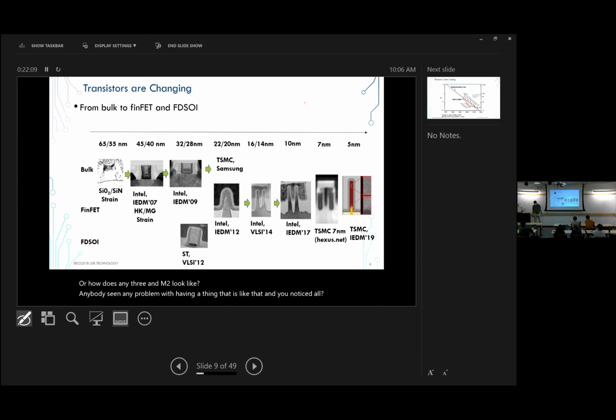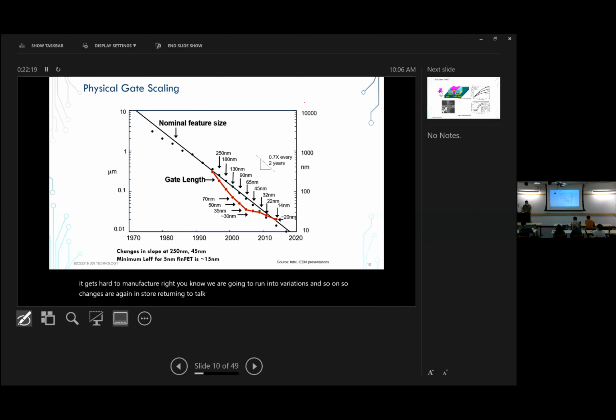It gets hard to manufacture. We are going to run into variations and so on. So changes are again in store. We're going to talk about them, and some of you who may be fortunate to intern somewhere are going to work with these kinds of technologies.